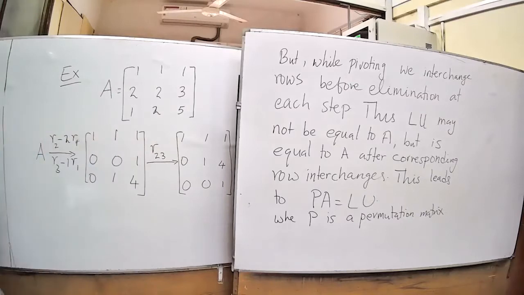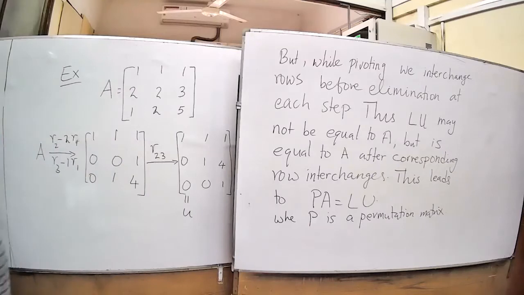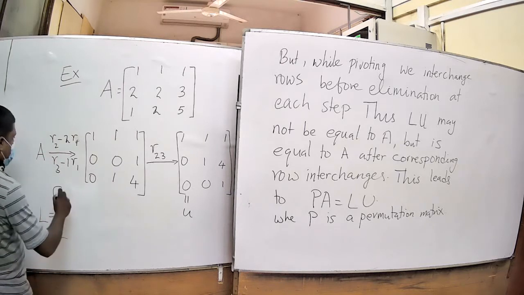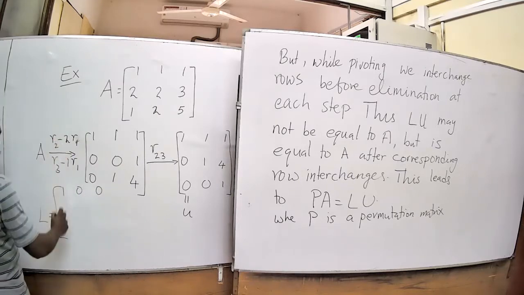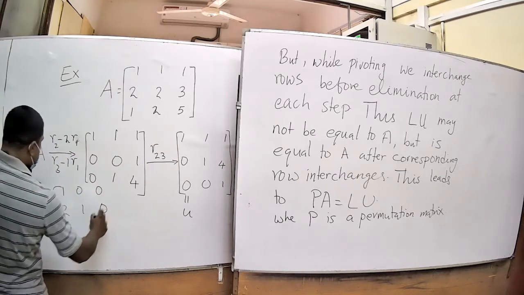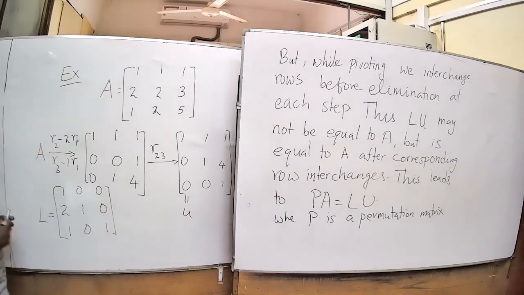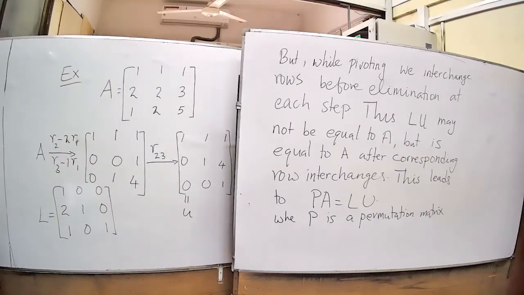This is your U. And you can write your L, which is going to be 1, 0, 0, then 2, 1, 0, then 1, 0, 1. Because there is no more elimination, the rest will be 0, and that is L.